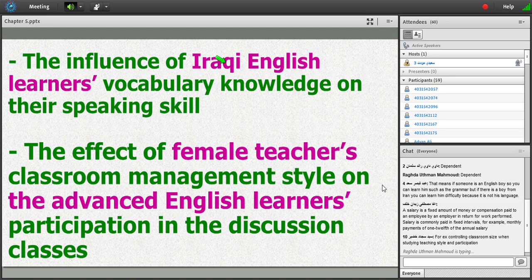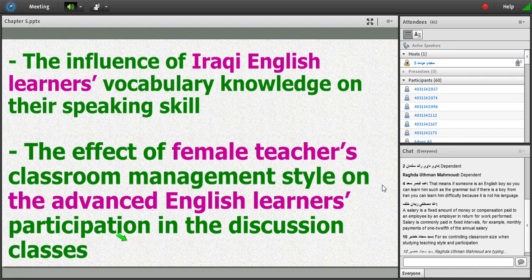Exactly. Good point. Look at the other example: the effect of female teachers' classroom management style on the advanced English learners' participation in the discussion class. If you remember, we said classroom management style is the independent variable. We want to see its influence on the students' participation in the discussion classes. So participation in the discussion classes is the dependent variable.